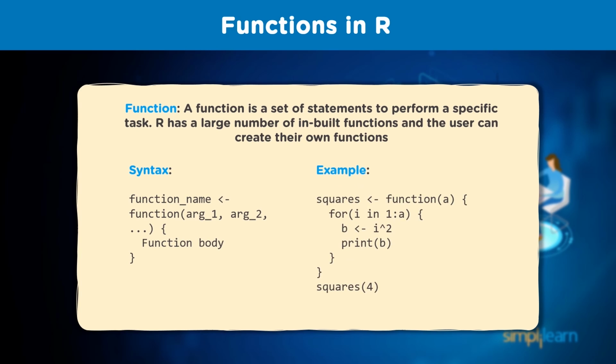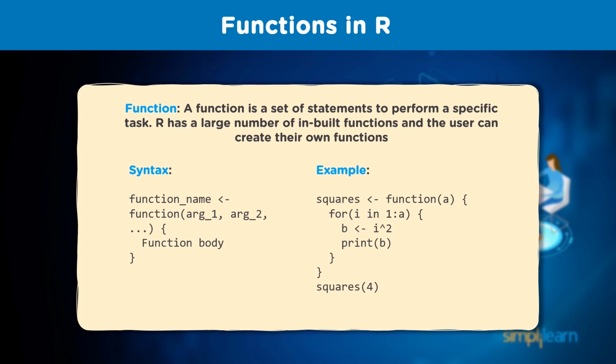So for example, here we are creating a variable called squares and we are assigning a function to it. Now this function would take one argument, which is a, and then we use a for loop. So we say for i in from 1 to the number a, we would basically be doing an exponential computation.